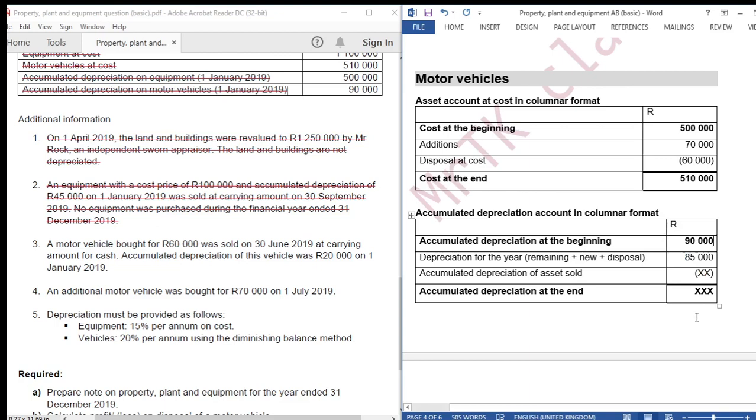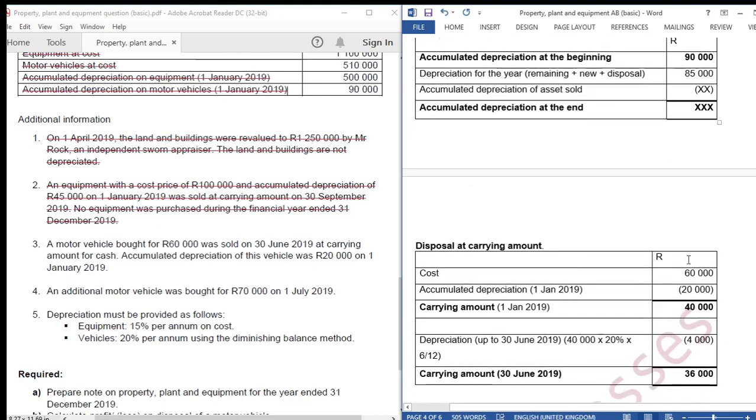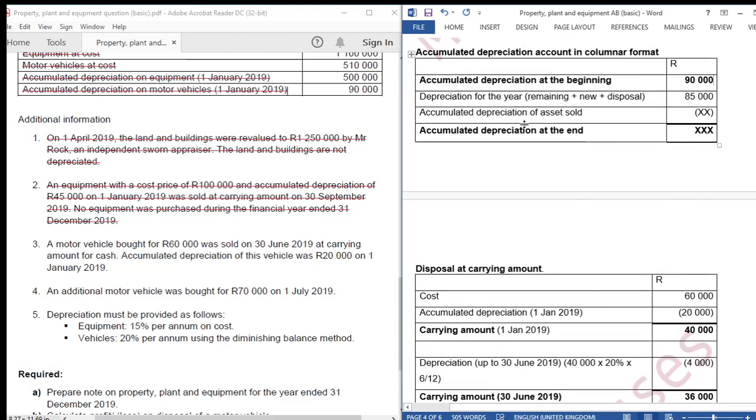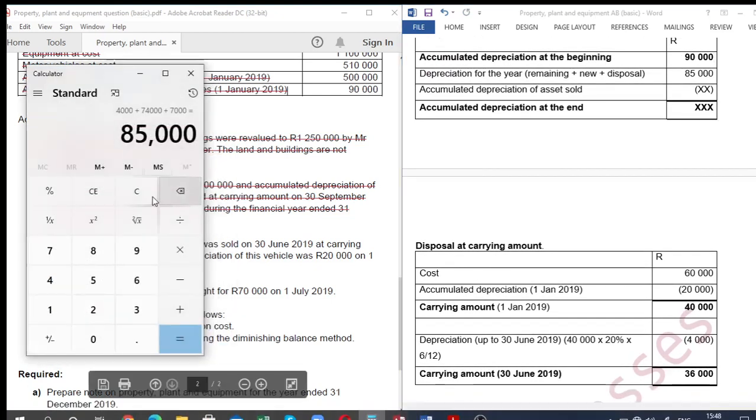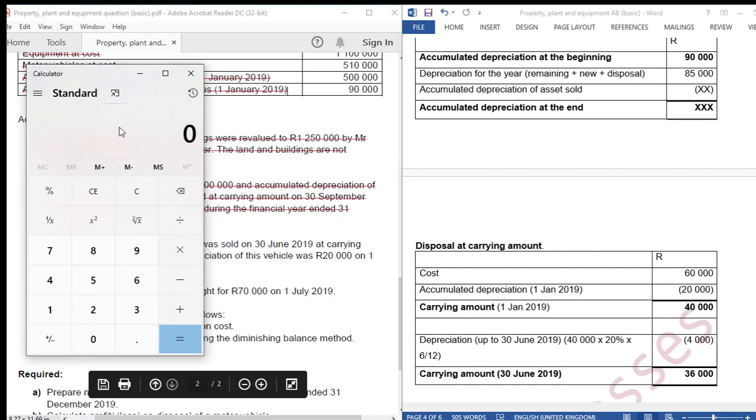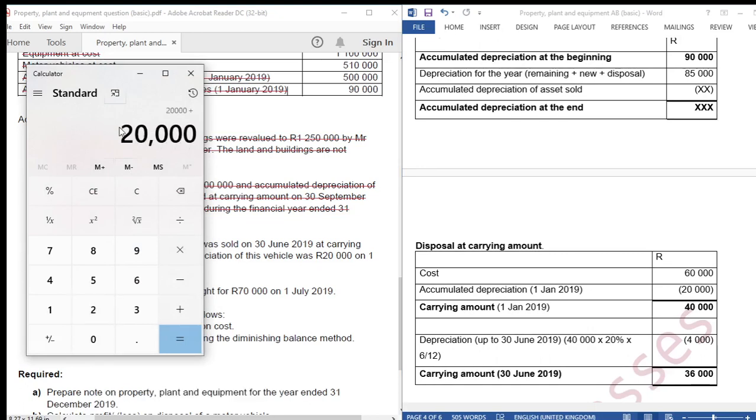Then accumulated depreciation of assets sold: 20,000 plus 4,000, because this asset was sold on 30 June 2019.